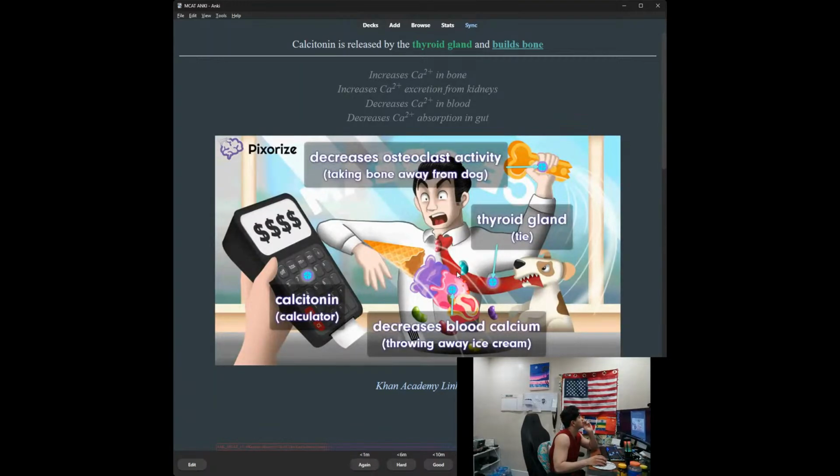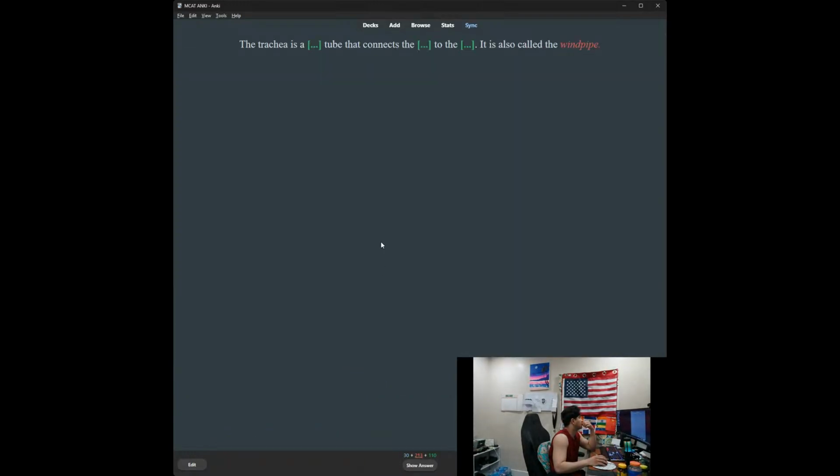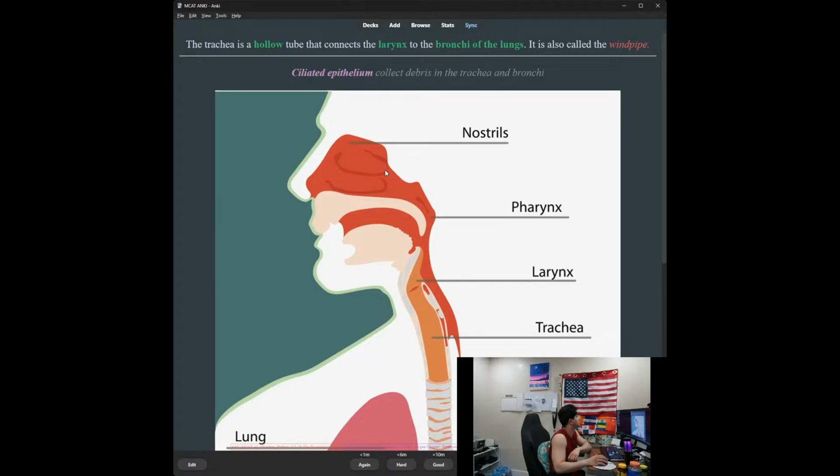Is that true? Hollow tube that connects to the layers of the pharynx.